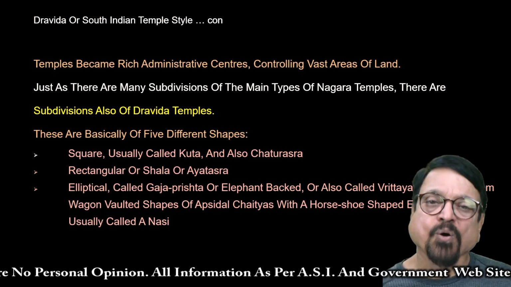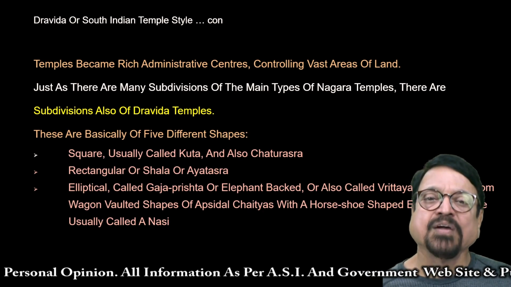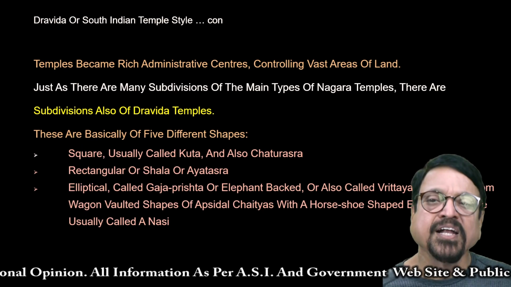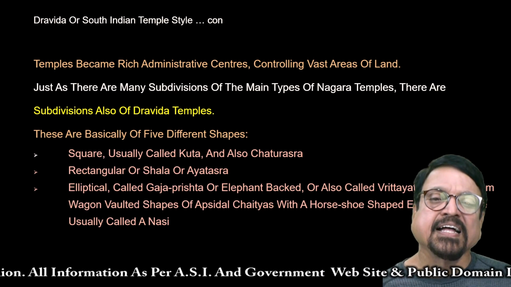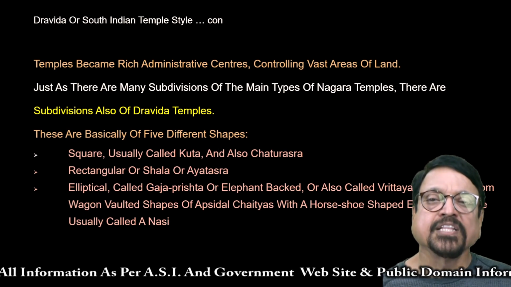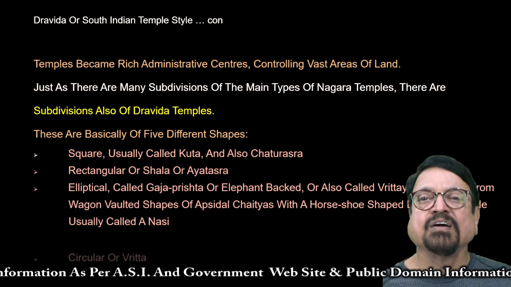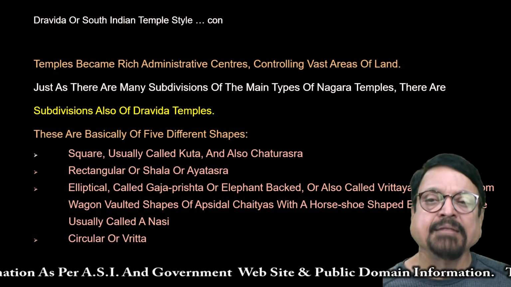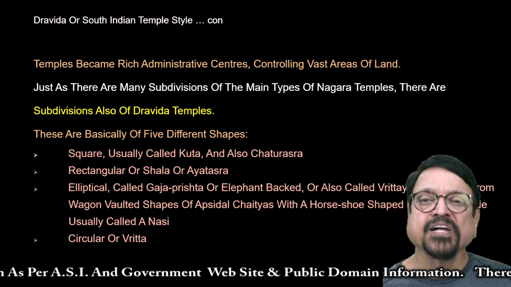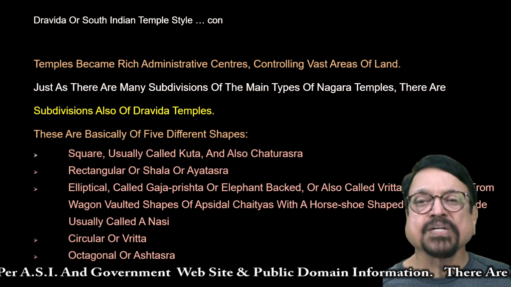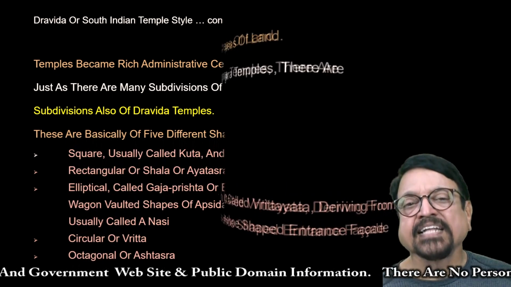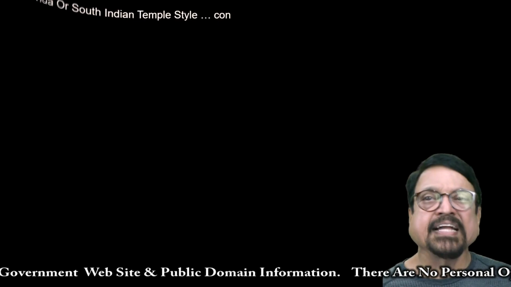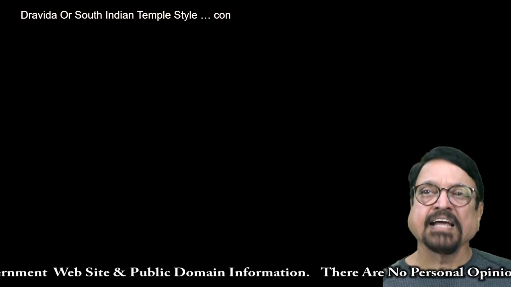So they can be horseshoe shaped, they can be like wagon wheel or circular, or there are certain types of projections which are called nasi, shukanasi is one of them. Then it can be circular or vritta, then octagonal or ashtasra. So these are the Sanskrit names, and they are from the local language.